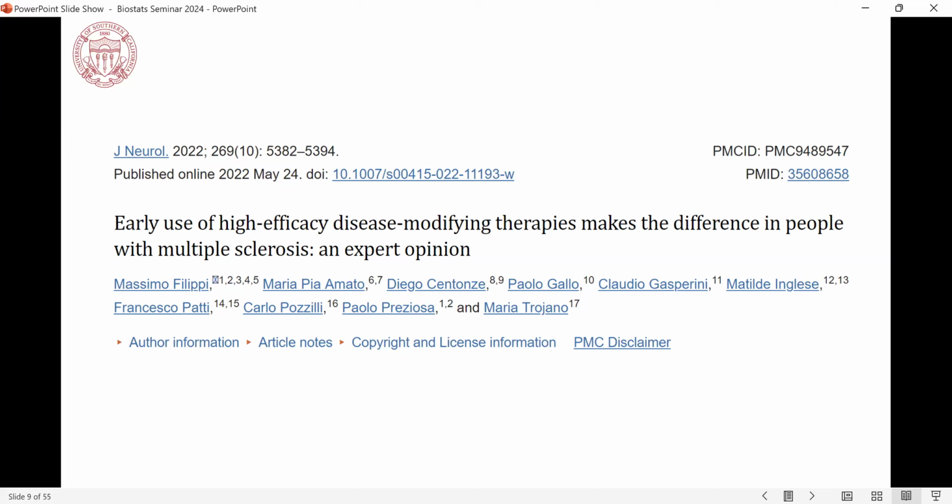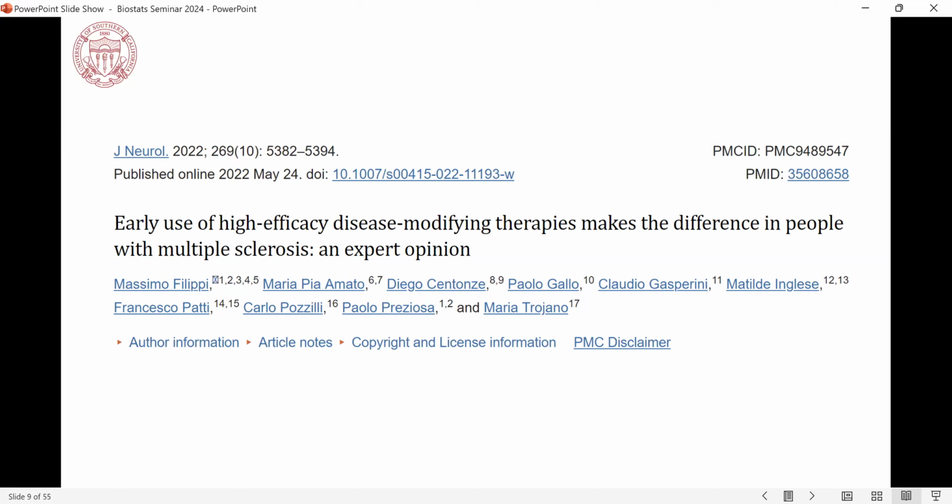So it leads to a very important field in medicine called precision medicine. Precision medicine is determining when and how and what to choose, to give to whom.